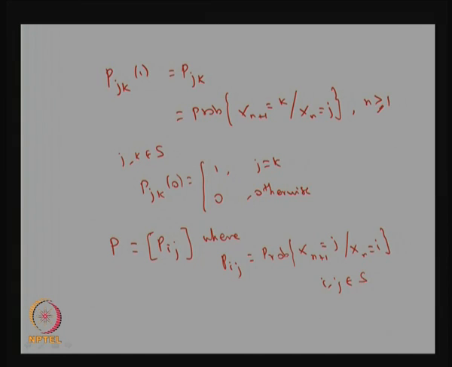Since P_ij is the one step transition probability of a system moving from the state i to j in one step, and since it is time homogeneous, this is valid for all n greater than or equal to 1, and the one step transition probability matrix satisfies two properties.